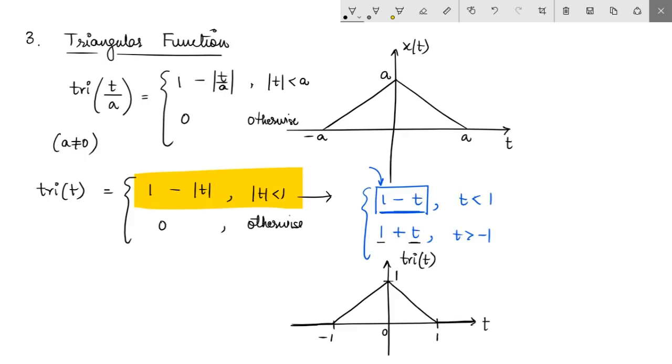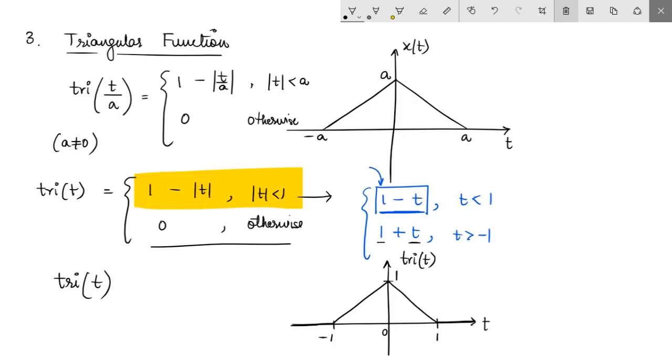Instead of having to define a function elaborately for different values of t, you can simply define this whole function in terms of one term, and that is tri of t. Just how you could represent rect of t. It should also be noted that when you perform convolution between two rectangular functions, you would get a triangular function.